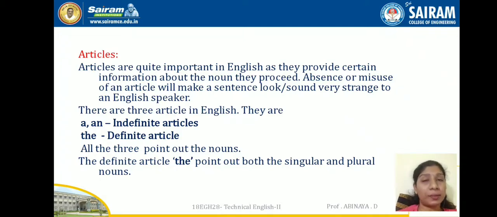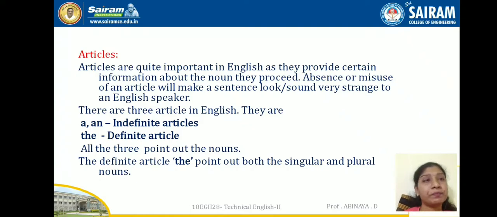So there are three types of articles: a, an, and the. We consider a and an as indefinite articles and the as the definite article. We use a and an only with singular nouns, and we use the with singular, plural, and countable nouns also.